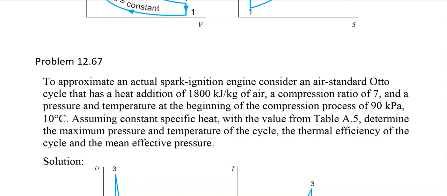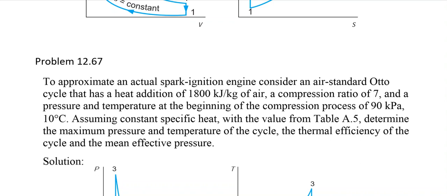Assuming the constant specific heats Cv, Cp, and R, with the values from table A5, determine the maximum temperature and pressure of the cycle, the thermal efficiency, and the mean effective pressure.